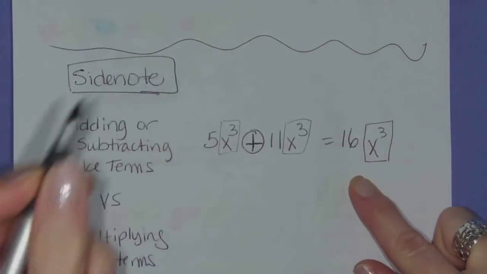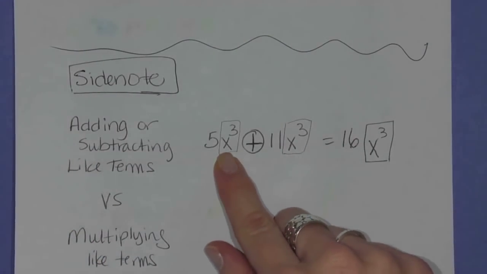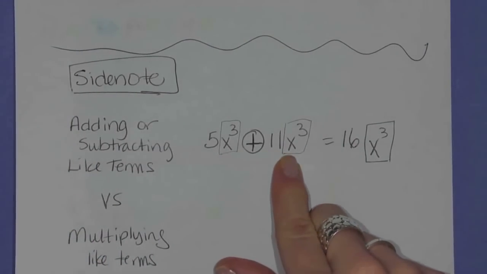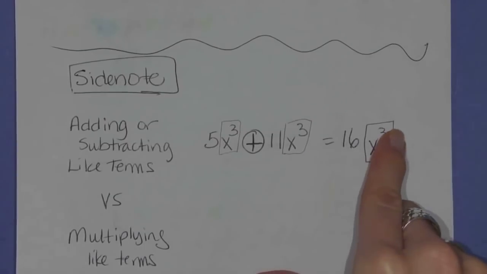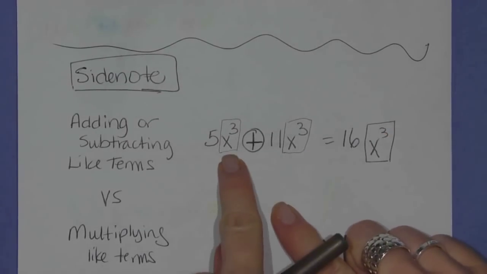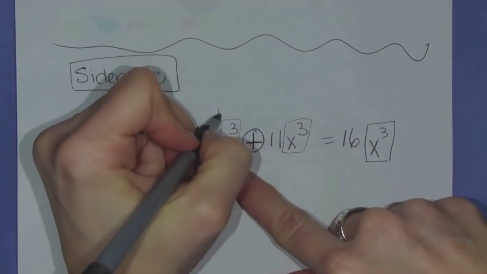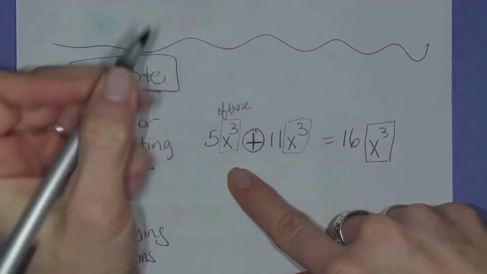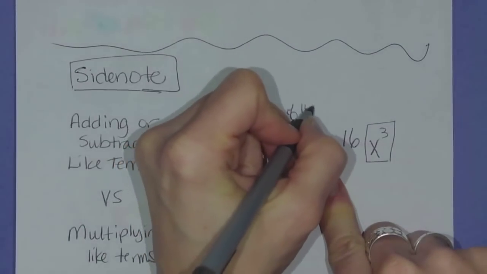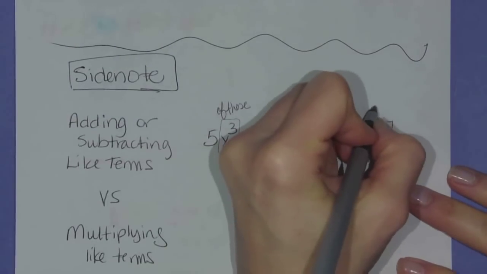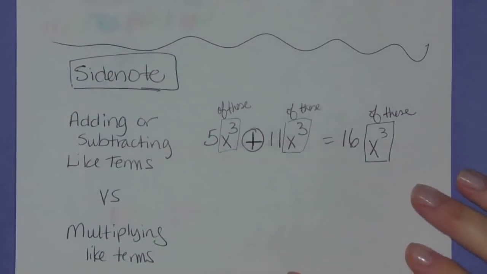So the final answer to 5x to the third plus 11x to the third is just 16x to the third. So you had 5 of these, and you added 11 of these. So now you have 16 of these, okay?